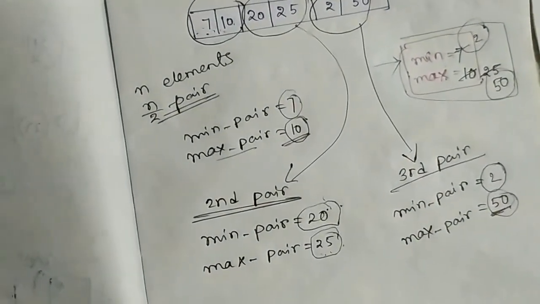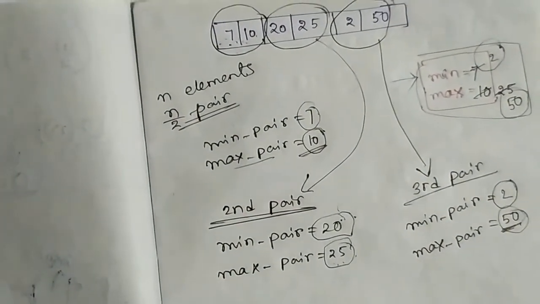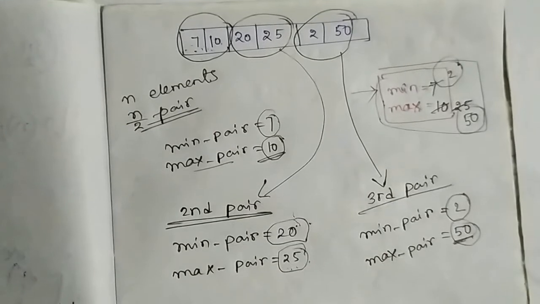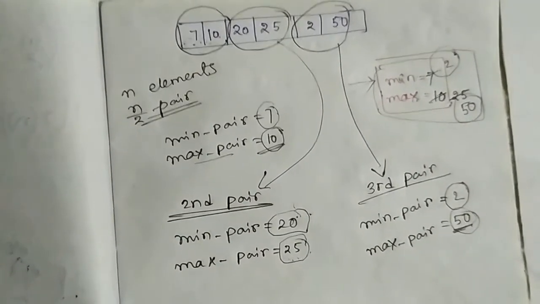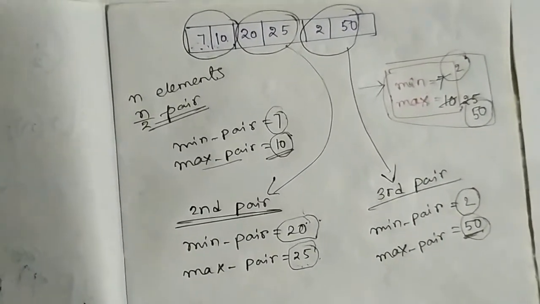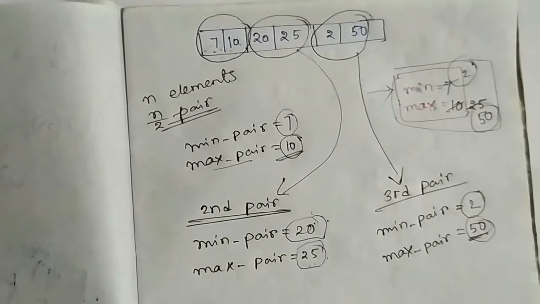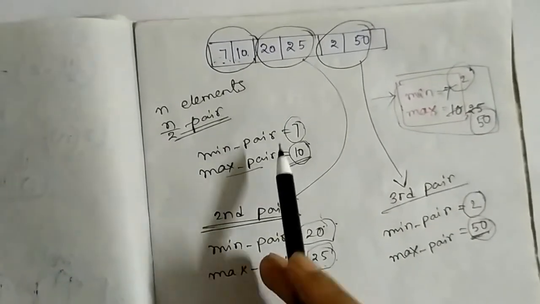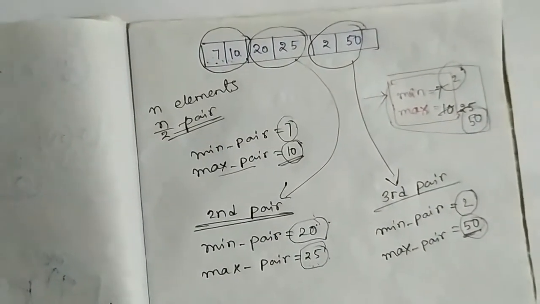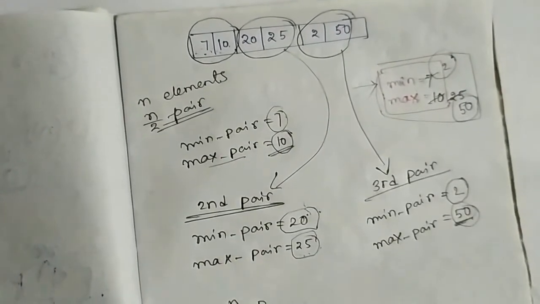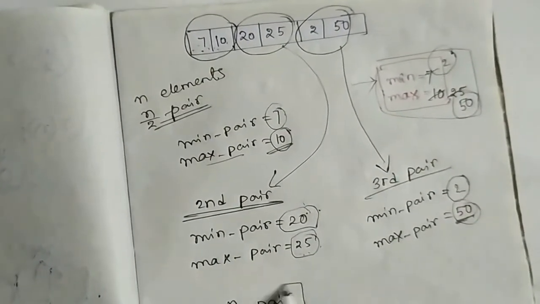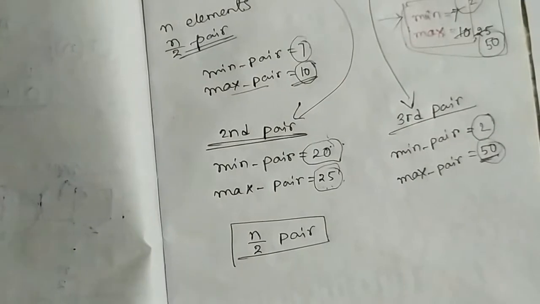Now, in this algorithm we didn't use any extra space, but what is the number of comparisons here? If I have n elements, I have n by 2 pairs. I will calculate how many comparisons we are making for every pair.